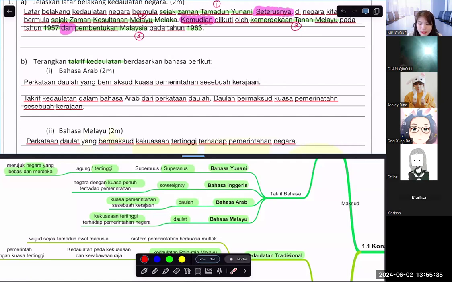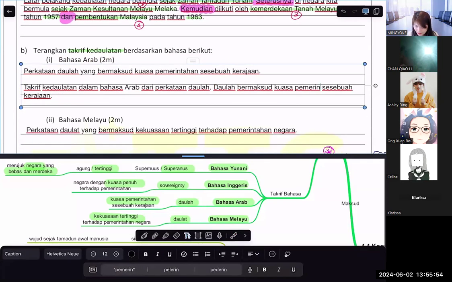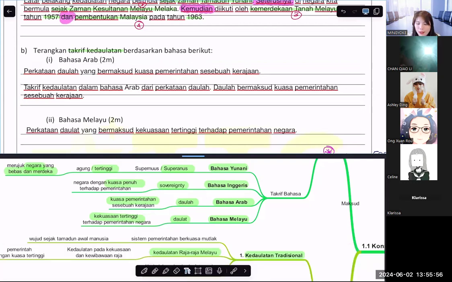Then you have to write takrif kedaulatan dalam bahasa Melayu dari perkataan daulah. Daulah bermaksud kuasa pemerintahan sesebuah kerajaan. Understand?